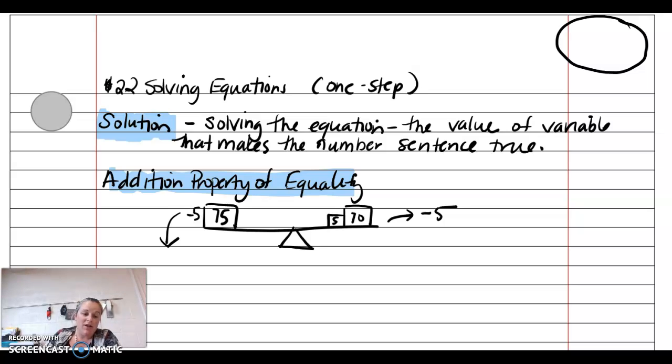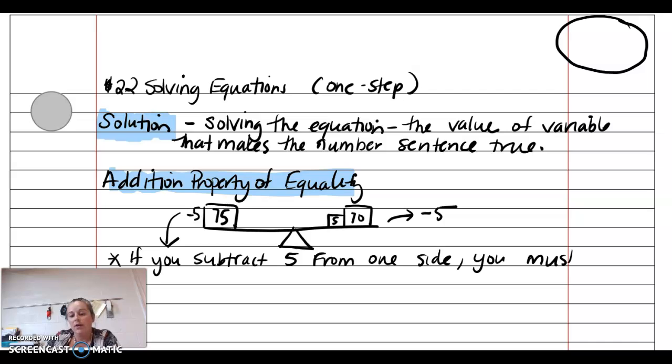So the property of equality says if you subtract 5 from one side, you must subtract 5 from the other to keep things balanced.